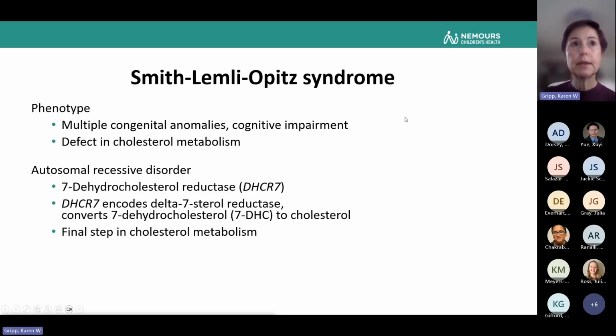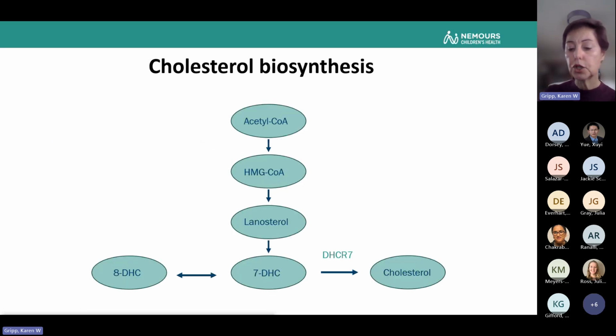Now, I mentioned Smith-Lemli-Opitz syndrome. This is a genetic condition, an autosomal recessive disorder that's caused by loss of function in the DHCR7 gene. This gene encodes an enzyme that is very important in cholesterol metabolism. Shown here is a very simplified diagram of cholesterol biosynthesis.